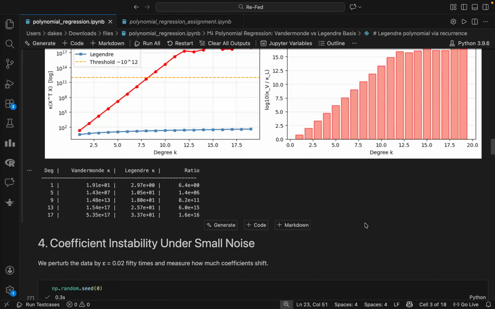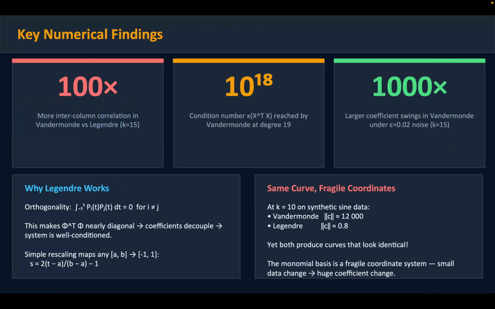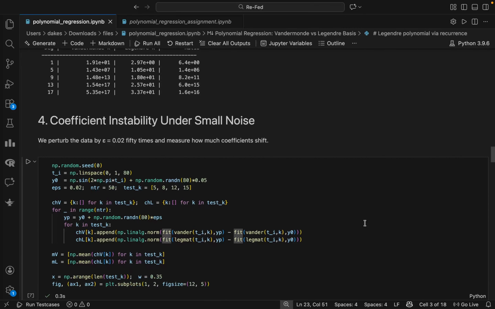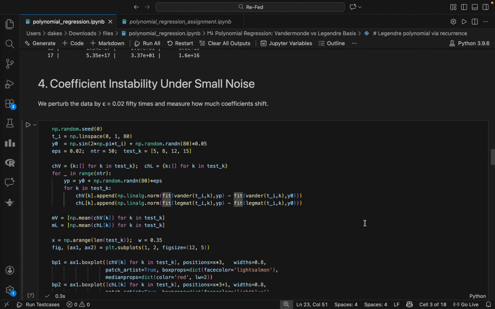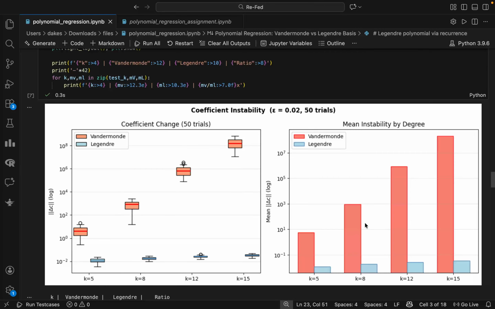Now, let me show what this actually means in practice. Let us add a tiny perturbation, epsilon equals 0.02, to the data, and then we refit the polynomial and measure how much the coefficients change. I repeat this 50 times to get a distribution, and the box plot tells us the complete story. At degree 15, the Vandermonde coefficients shift by an average of thousands of units in norm.